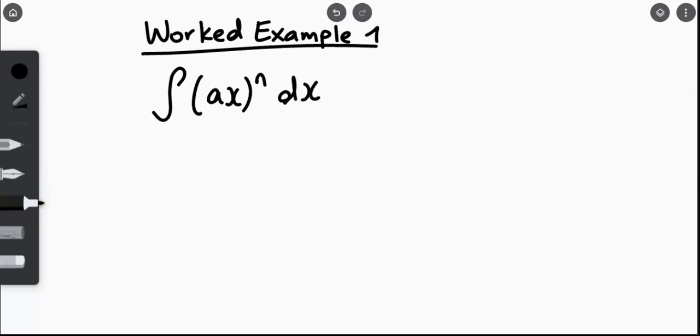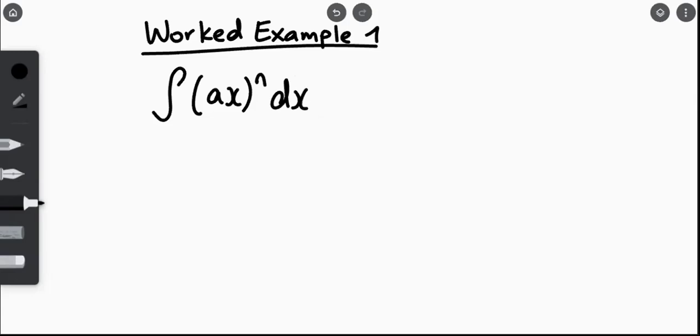This is the type of questions you will see. Please don't bother about this dx thing here. It's just there to tell you that you also need to have a strong foundation in your differentiation. Now the question is how to do it, correct?